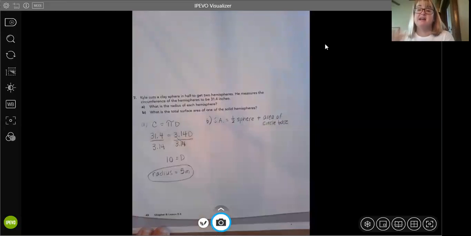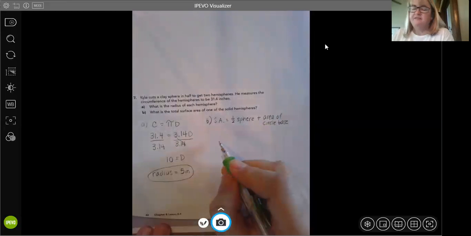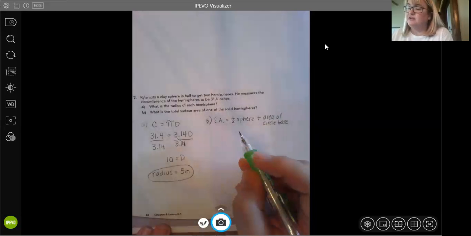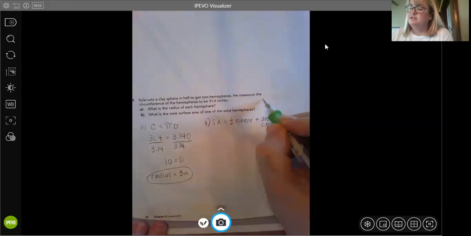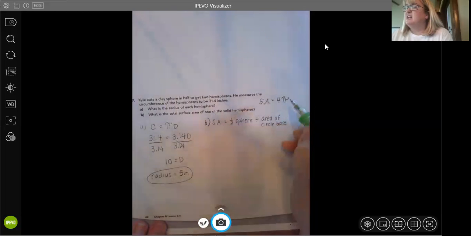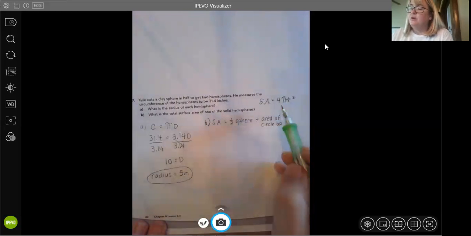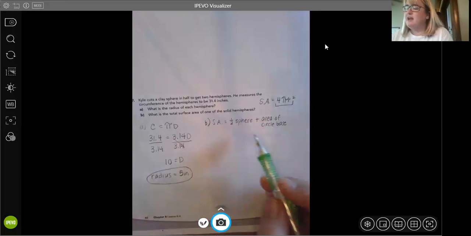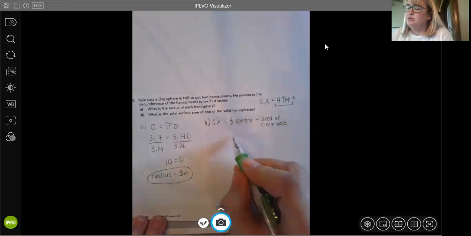And the circle base is flat, so we'll find the area of that. All right, so we've got half a sphere, and remember, the surface area of a whole sphere is 4 times pi times the radius squared. If the whole sphere is 4 pi r squared, half the sphere would be half as much. So that would be 2 pi r squared.